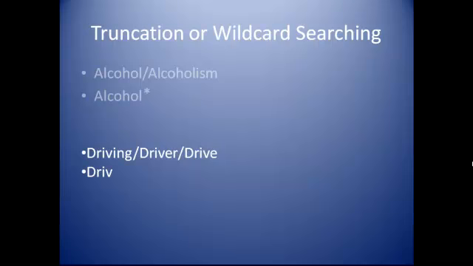D-R-I-V is actually the root of the word, and we would put our asterisk after the V to get all forms of this word. Truncation is good for getting both singular and plural words. In my search, both alcohol and drive are good candidates for truncation, so I'll truncate them both.